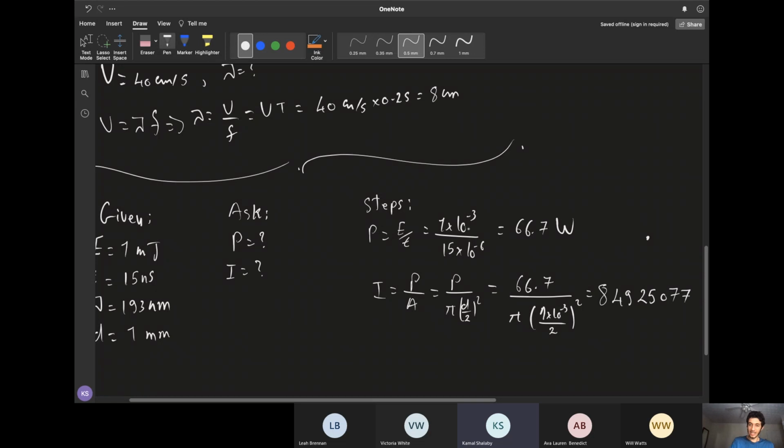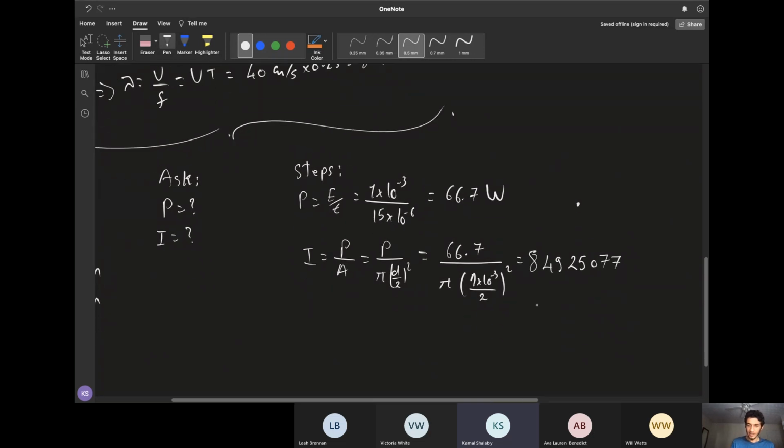That is insanely high. It makes sense why it is high, because it's such a small area.